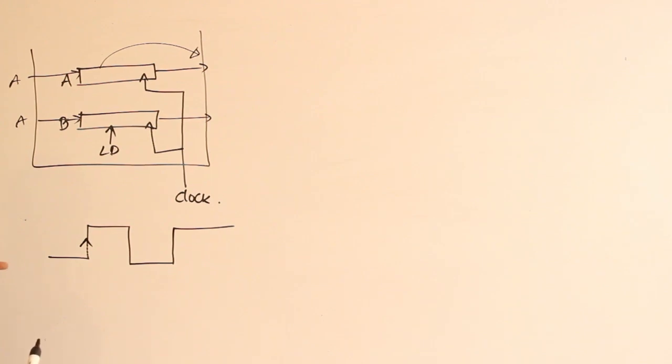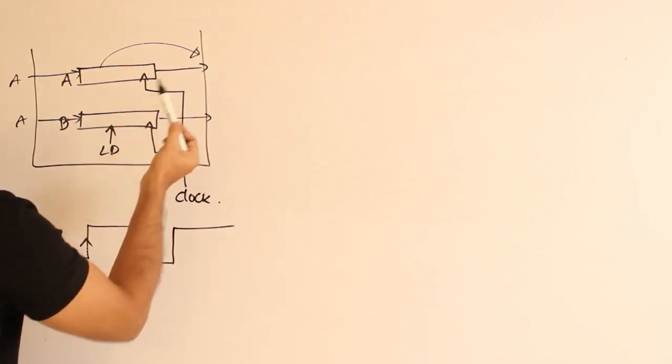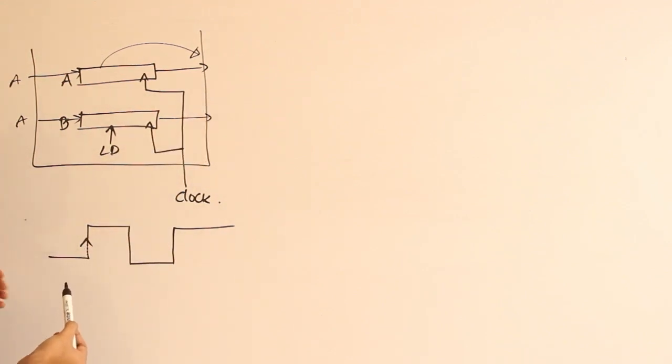One good thing about using a clock is you will be sure that by this time the transfer of the data into B has happened, and so you can use the bus for the next transmission, right? So by using a clock, it gives you exactly how much time you should leave the data on the bus, or when you can release the bus and use it for the next operation.